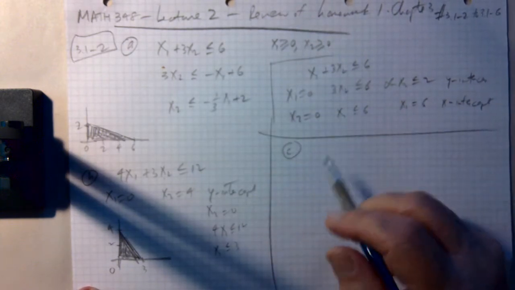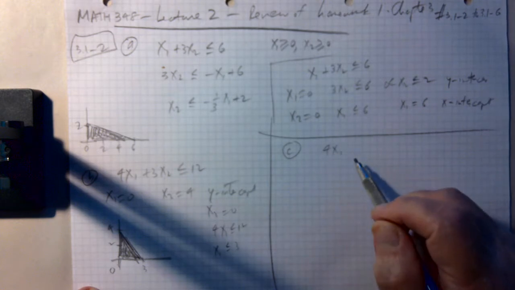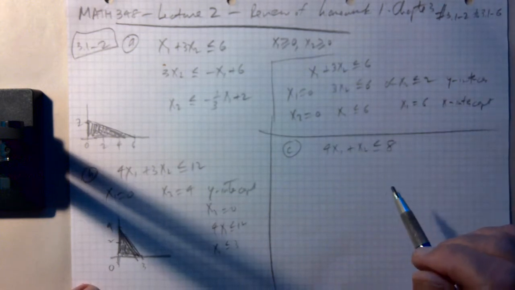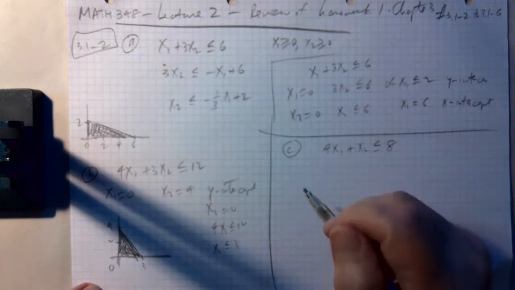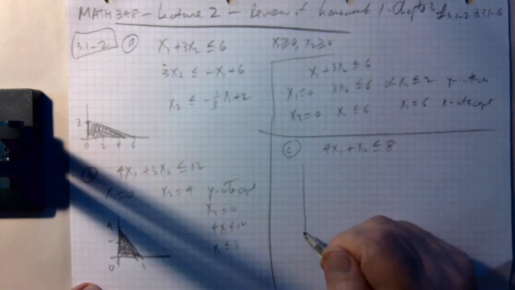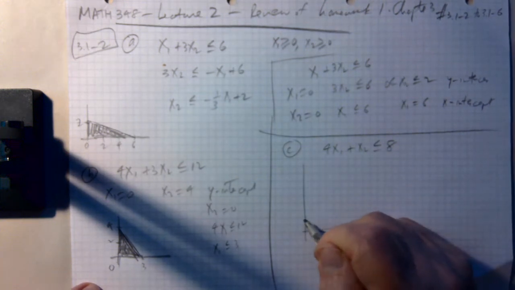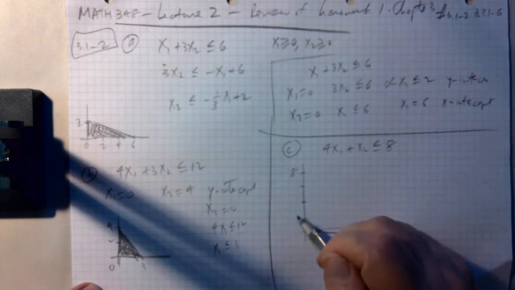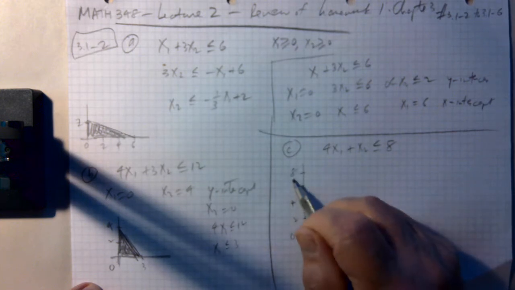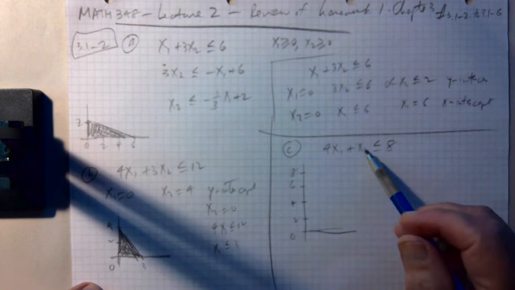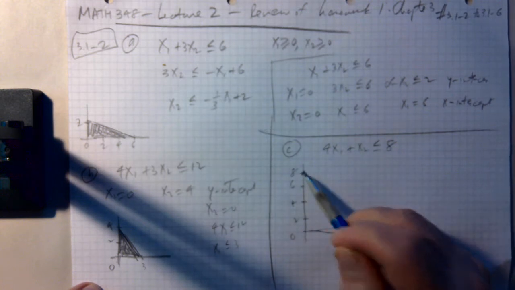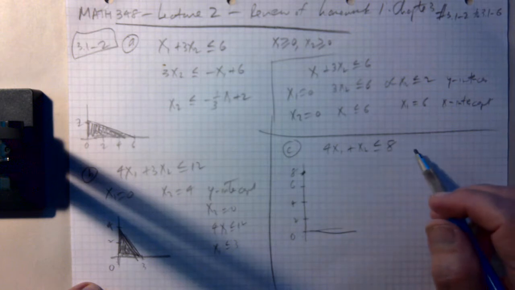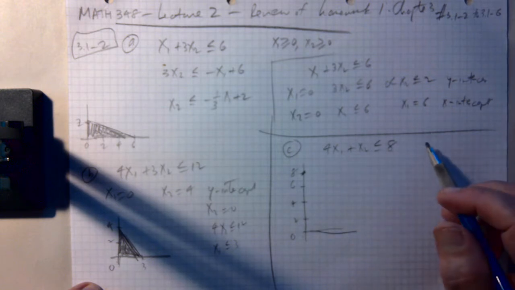For C, we have the inequality 4x1 plus x2 less than or equal to 8. And again, when x1 is 0, x2 goes up to 8. When x2 is 0, 4x1 less than or equal to 8, x1 is at most 2. Right?